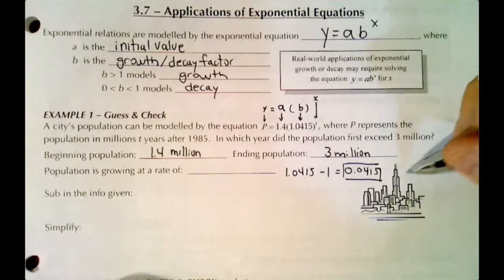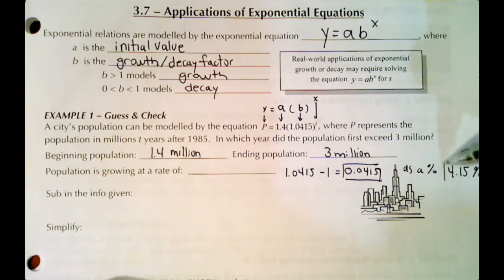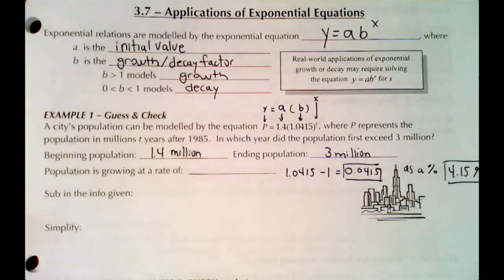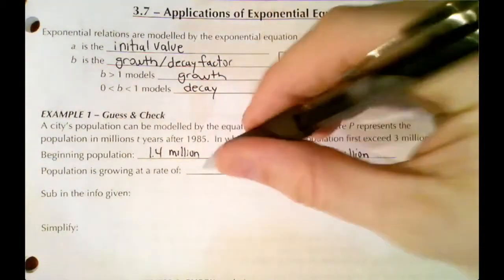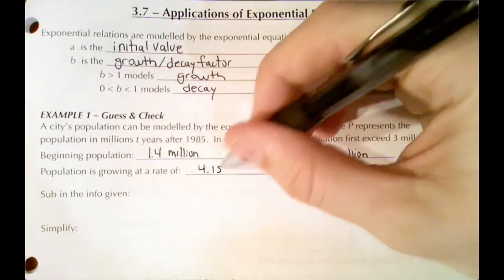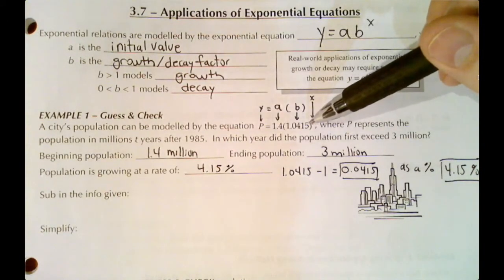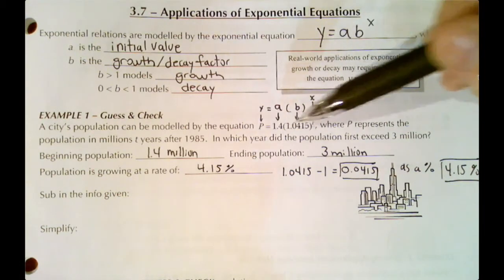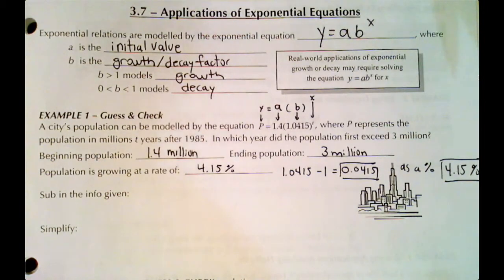As a percent, that would be 4.15%. So we're growing by 4.15%. If this number was less than 1, we'd subtract it from 1 and we'd see how much less than 1 it is, and however much less than 1 it is would be our decay rate, how much we're going down by.